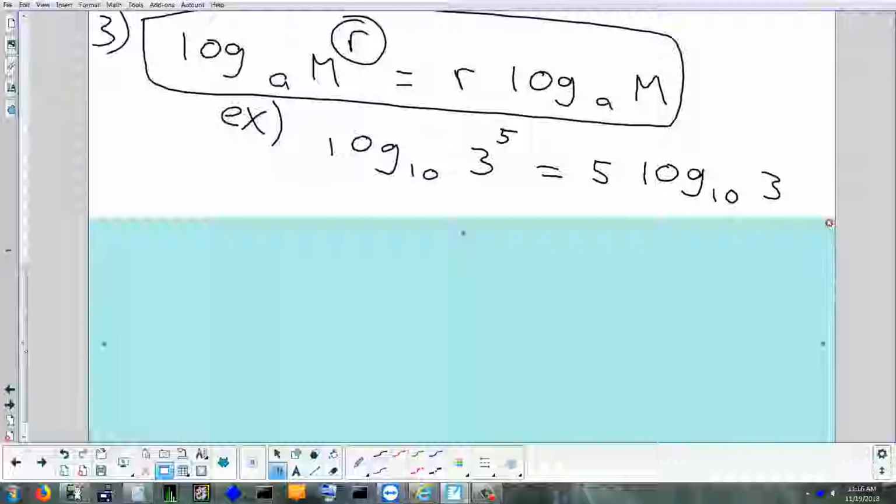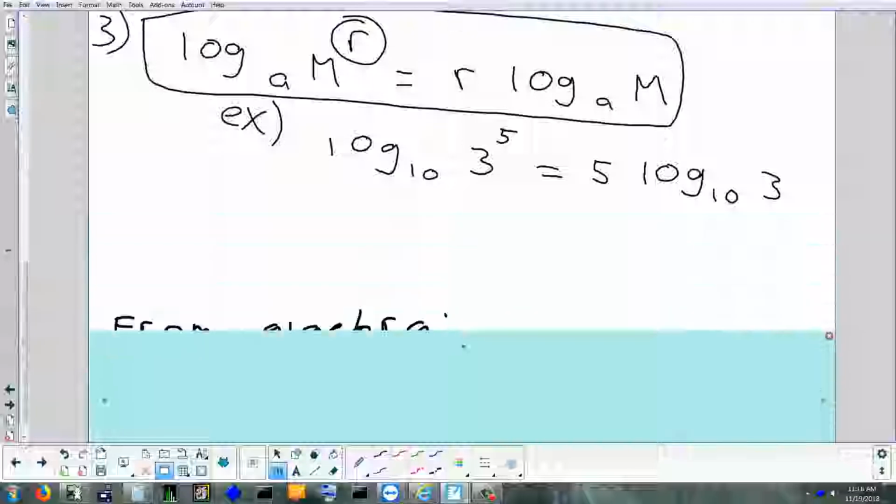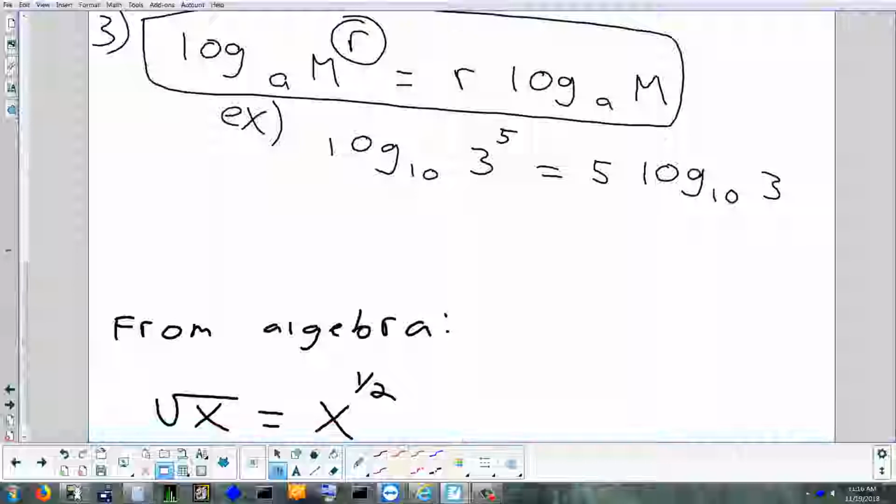Now, there's going to be one case where you have an exponent that's almost hidden. And we talked about this, and usually it's easier to remember because we do it in the same week, but we did this last week. When we talked about radical functions, raising something to a 1/2 power is the same as taking the square root.